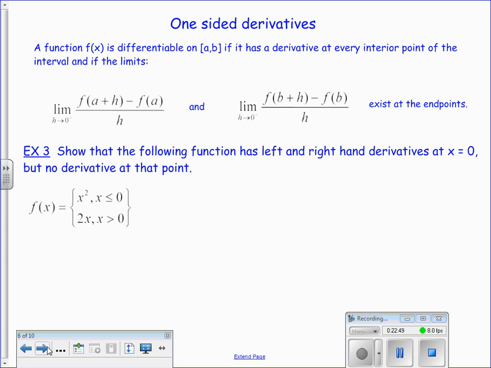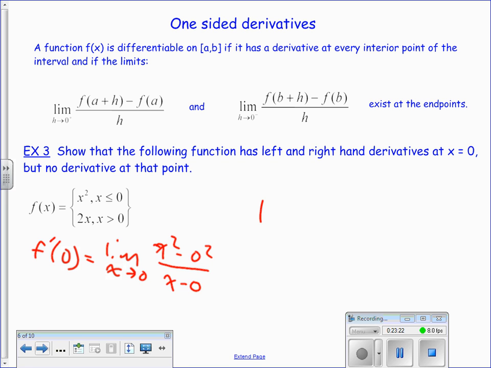So you need to find f prime of 0 for the limit as x approaches 0 of f of x, that's x squared minus 0 squared, over x minus 0. That's f of x minus f of a over x minus a.